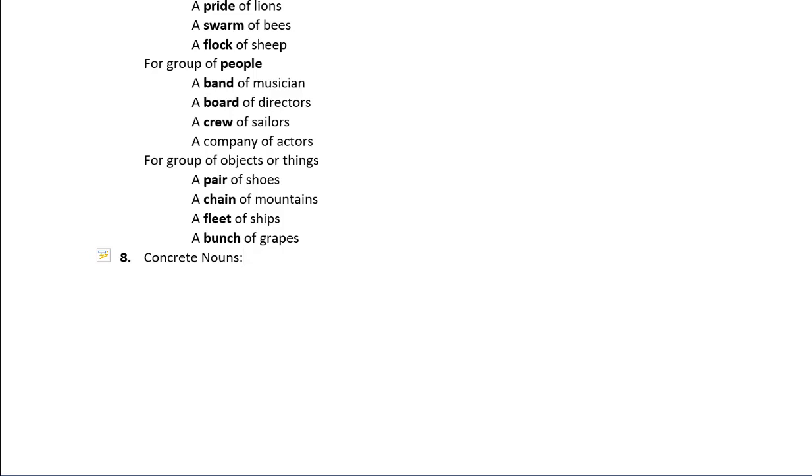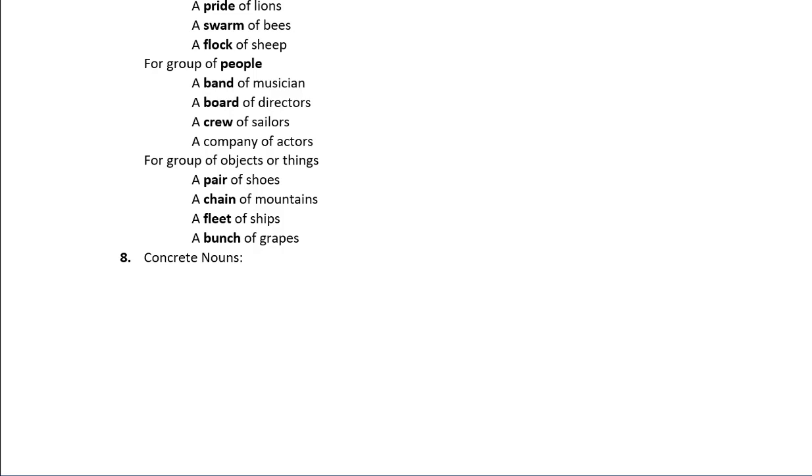So concrete nouns refer to objects that are material, that we can touch and can be perceived by the human senses. For example, we can see them, we can touch them, we can sense them. So we can give its definition.